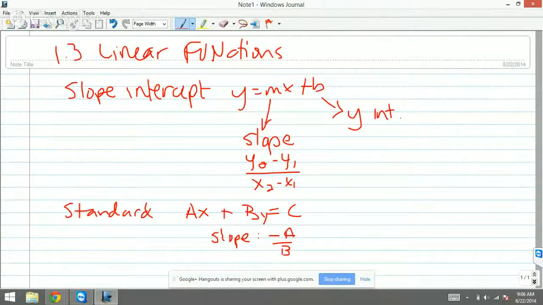If you remember that, you just plug it in and you're good to go. And then you can do the y-intercept as C over B. It's the same thing as solving for y. You just don't have to actually physically do the math if you remember those formulas.